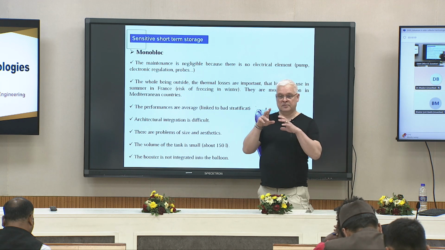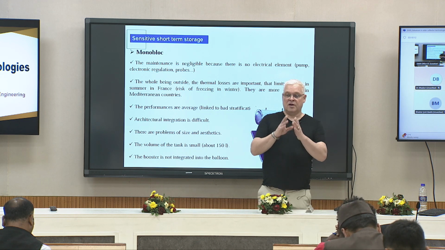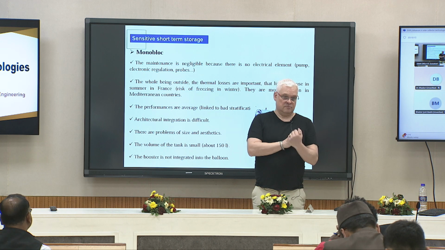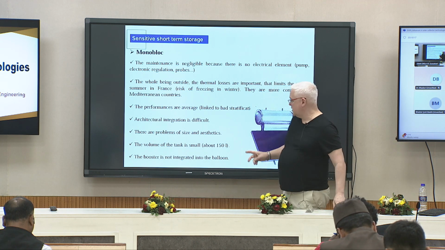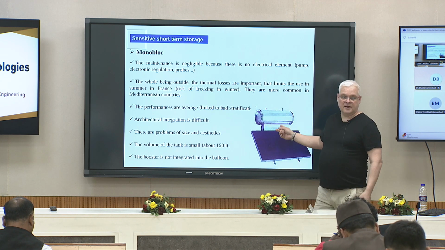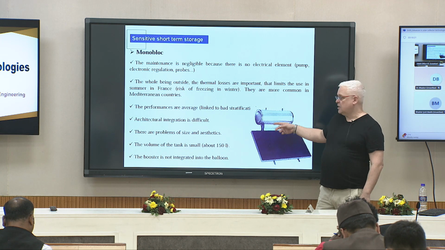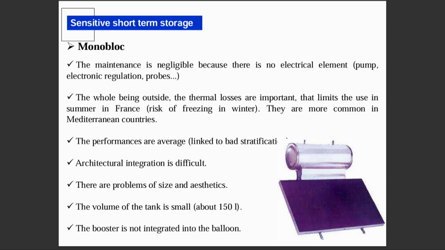Because it is a place in a house where the temperature difference is most important. Inside your tank you can have 80 degrees. If you are inside the house, you have 20 degrees outside the tank, so 60 degrees of difference. If you put it outside in winter in a cold country, you have 80 degrees inside and maybe -10 outside, so 90 degrees of difference.